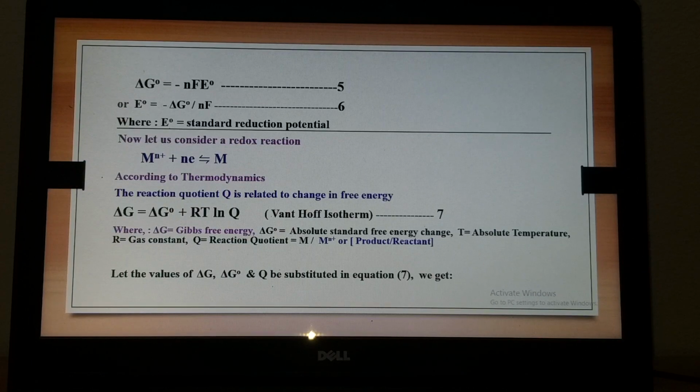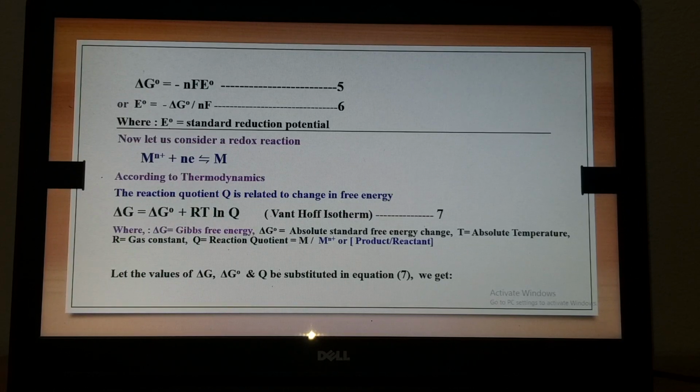Now because we are considering a redox reaction, it is represented by the equation M n+ plus n e minus gives M. The cations will accept the electrons coming from the anodic compartment and get reduced to metal at the cathode. The metal ions will accept the electrons and will get reduced at the cathode, I repeat.